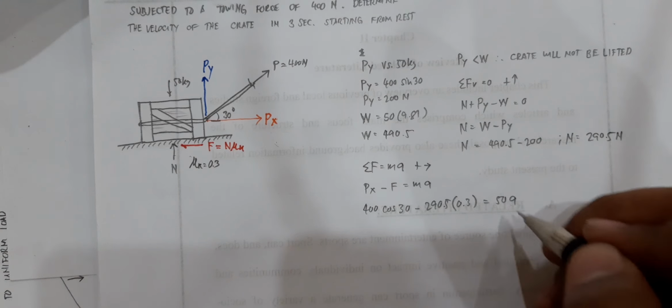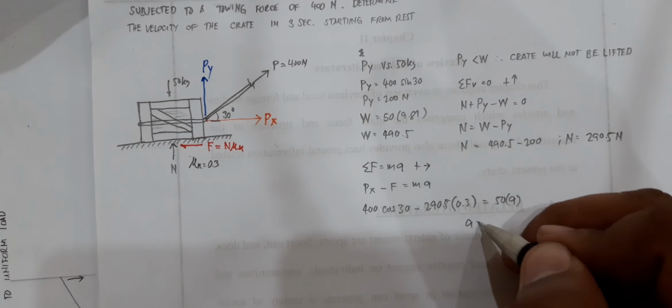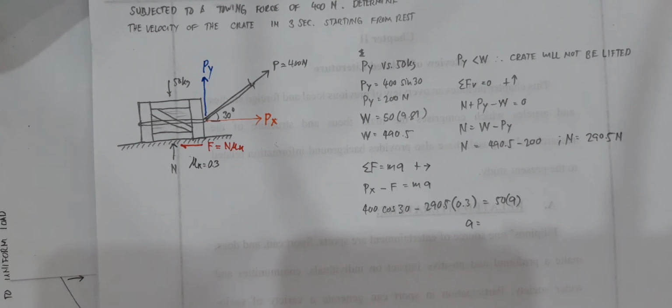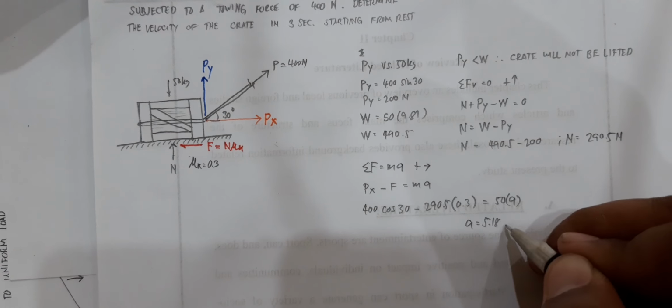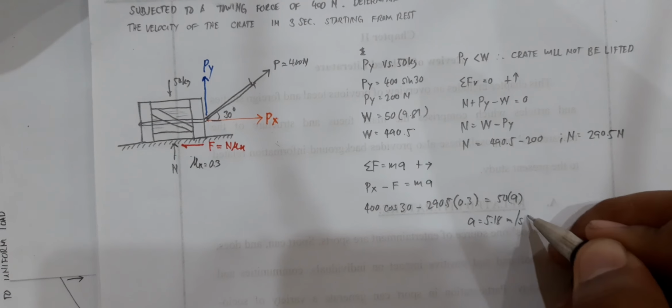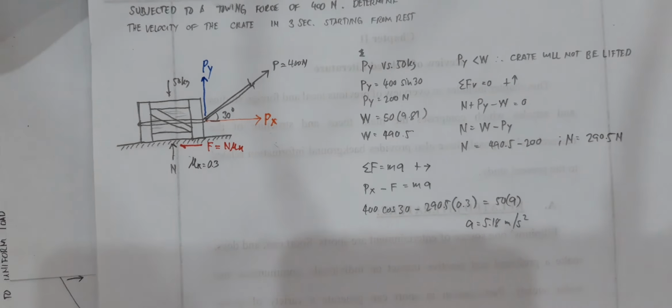So you would have acceleration A now is equal to positive 5.18 meters per second squared. Okay, so that would be the acceleration of your crate.